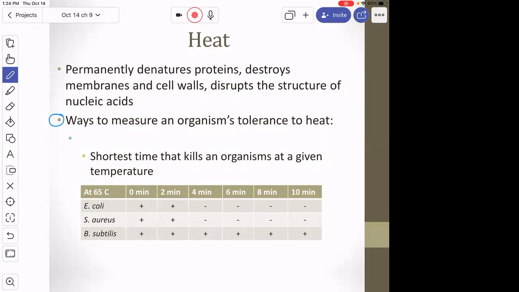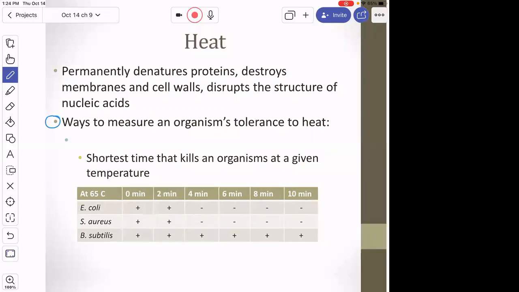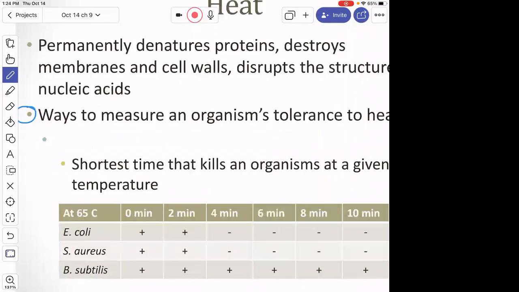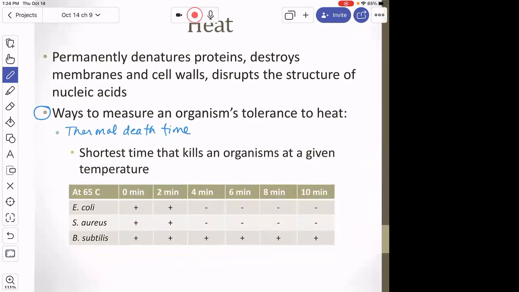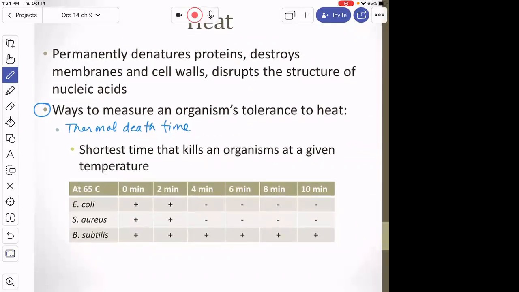One helpful thing to test is the thermal death time. In your lab this week, you exposed some cells to a water bath at elevated temperature, took out aliquots at different times and plated them, then incubated the plates to see how long that organism was surviving.